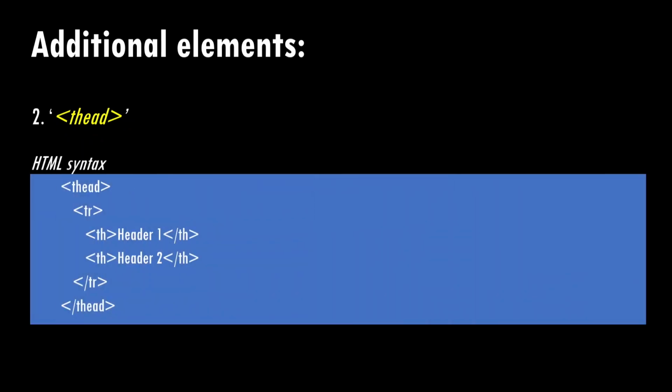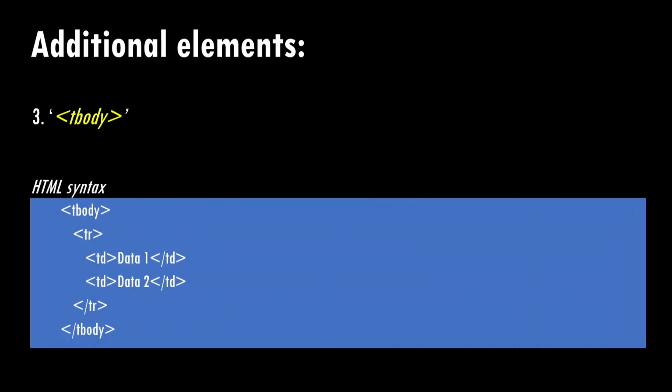Here is the syntax. TBody groups the body content of the table. That is the data rows. Here is the HTML syntax.